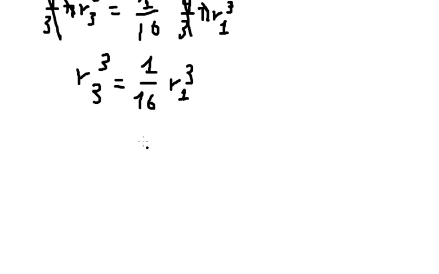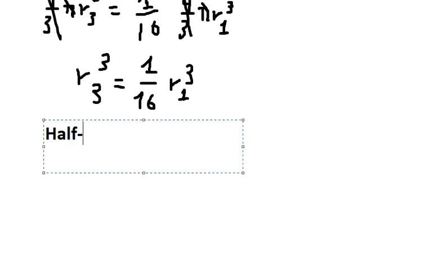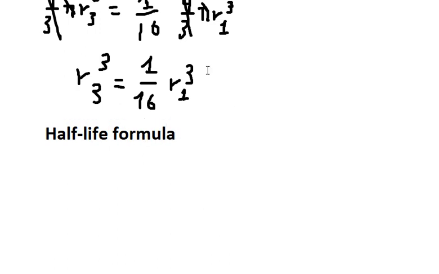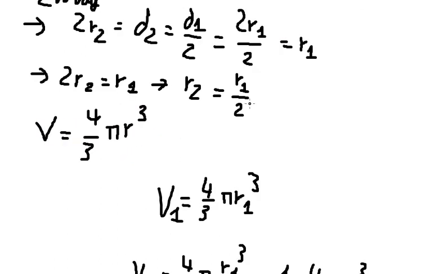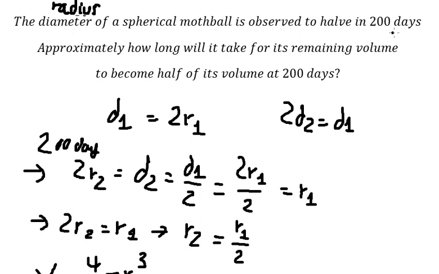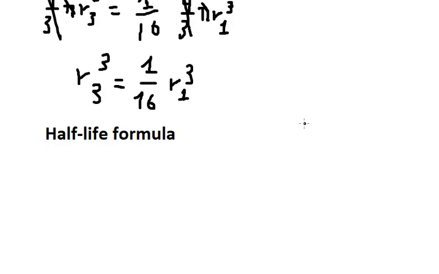Now let's go to the next one, that is the half-life formula. We know that after 200 days, the radius will become a half. So that means we have r equals r number 1 multiplied by number 2 to the power of negative t over 200.